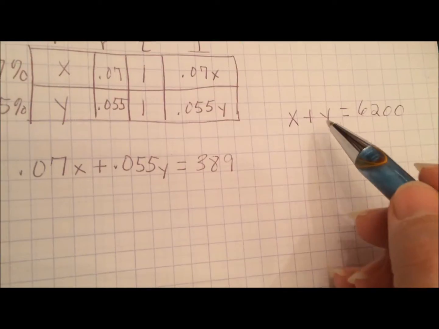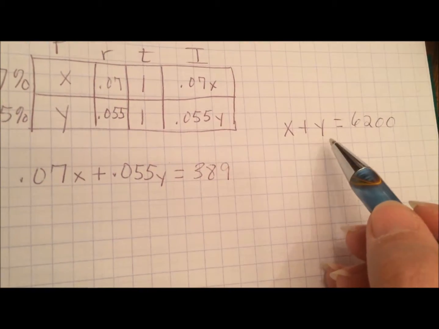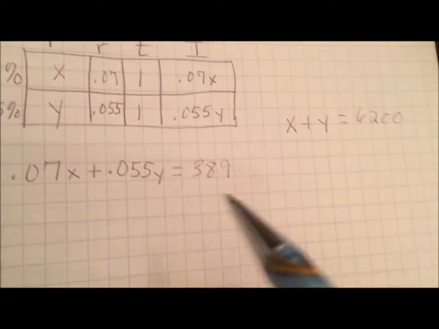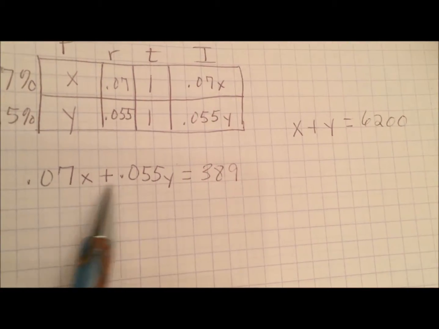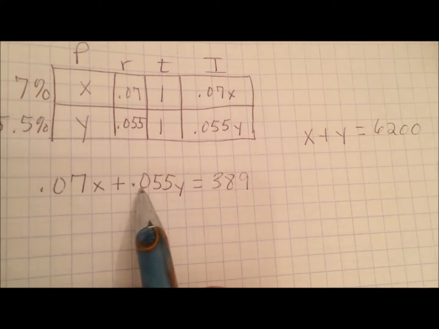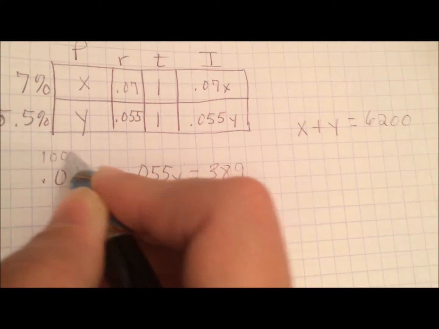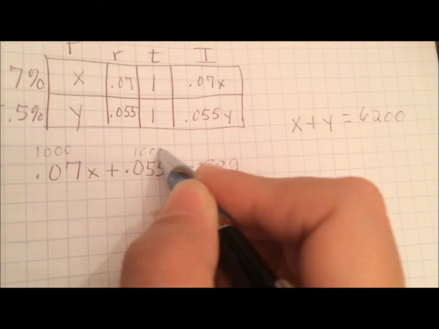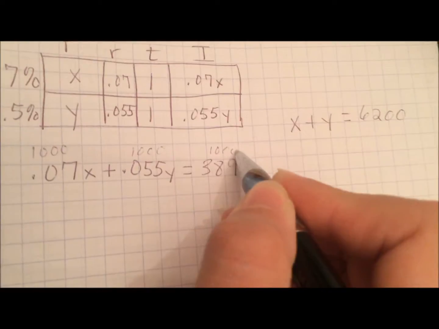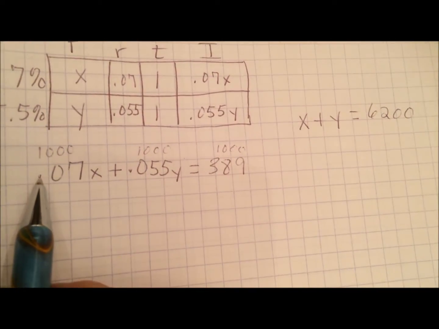Or we could just solve for x or y and plug it in. But what I'm going to do is try to get rid of all of the decimal places. So since there's 3 decimal places and 2 here, we have to go with the largest, so you have to multiply everything by 1,000. So that means we're going to move the decimal place 3 places.